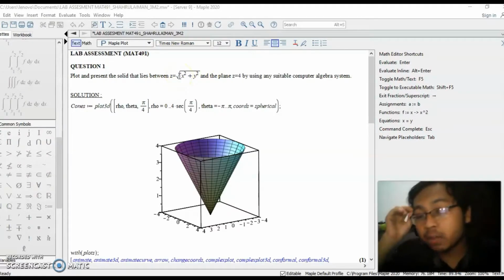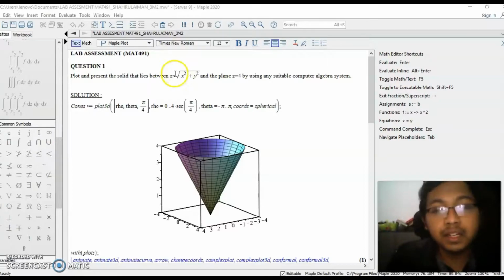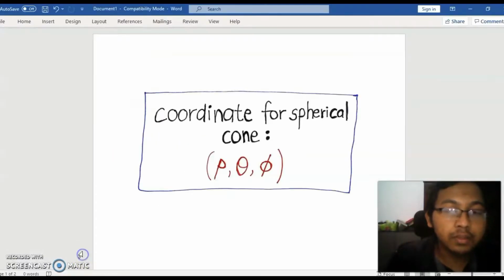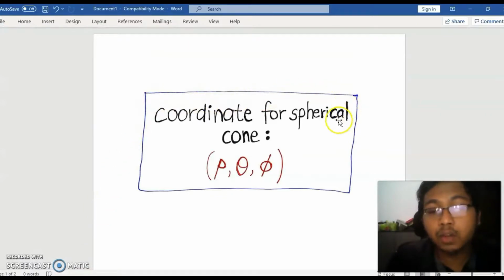What will come out in your mind? Definitely, this equation z equal to the square root of x squared plus y squared tells us that this is the shape of a cone. We need to know the coordinates for the spherical cone. So the general coordinate for a spherical cone is rho, theta, and phi.